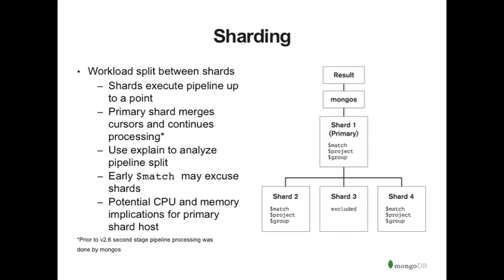Maybe you're doing a group or something like that. When that occurs, all of these shards will send their intermediate results to one of the other shards, called the primary shard, and that shard will take the intermediate results from the various pipeline stages and complete the processing on all of the data. It then returns it back to the mongos, which will then return the result to the application.